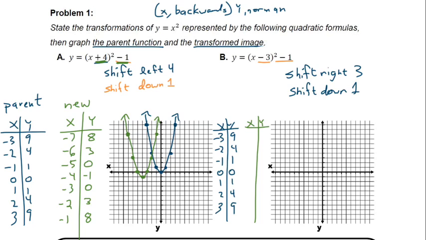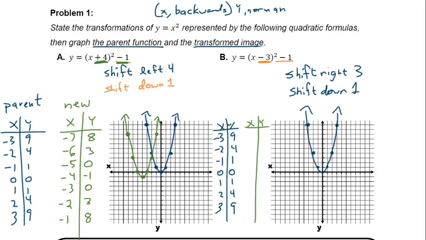Let's plot that first, actually. I've just graphed these things so many times, I just know where they go. Alright, and it says shift to the right 3. So we are going to add 3 to all the x's.